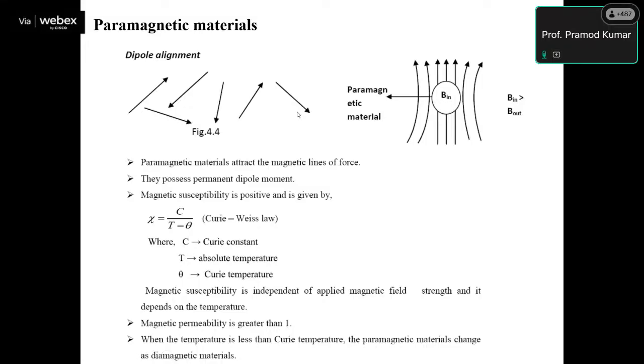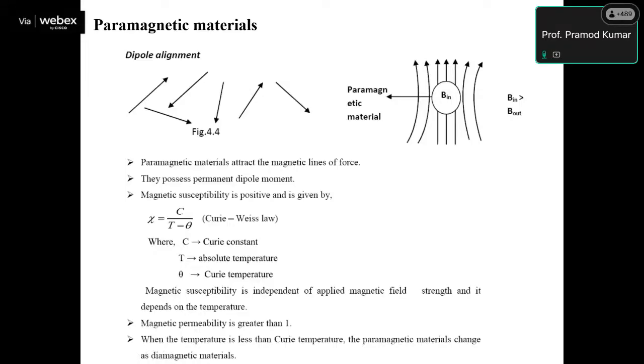So there is a small amount of resultant magnetic moment in each atom even in the absence of a magnetic field. When an external magnetic field is applied, the magnetic moments of individual atoms orient themselves along the direction of the applied magnetic field and the material is magnetized. That's what happens in paramagnetic material.